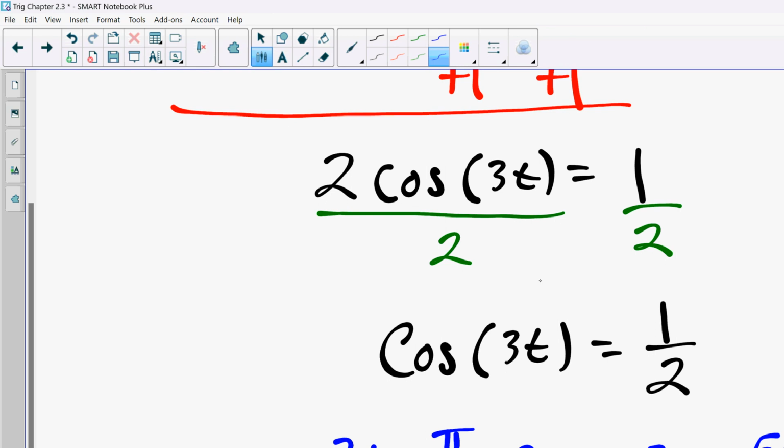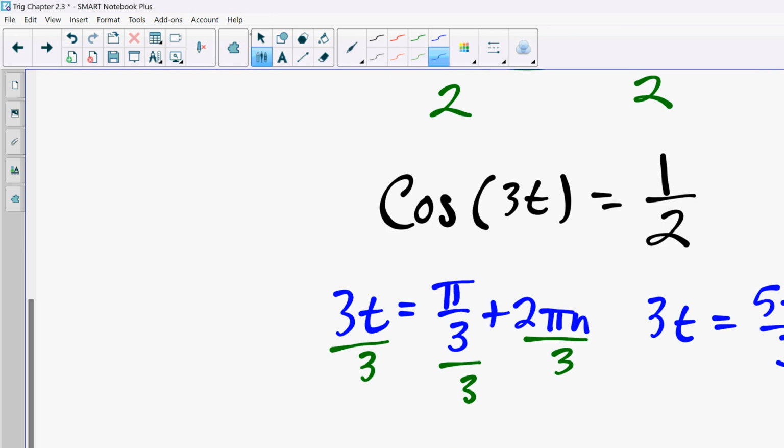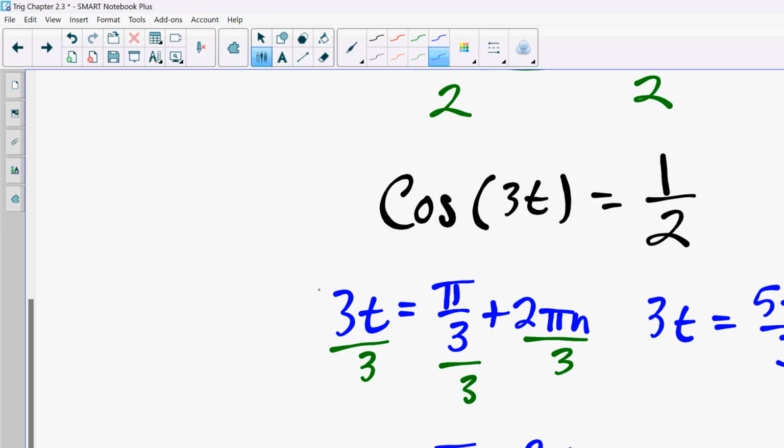Now, is t our angle by itself? No. So what would we need to do to get it by itself? I would need to divide by 3, yes? Which means we're actually going to divide everything by 3. So this will give us t, our angle by itself. But now we're going to need to divide pi over 3 by 3, which would give us pi over 9 plus 2 pi n over 3.